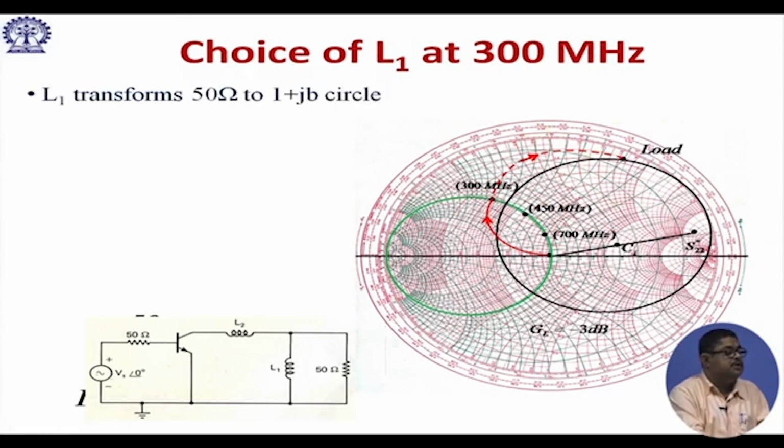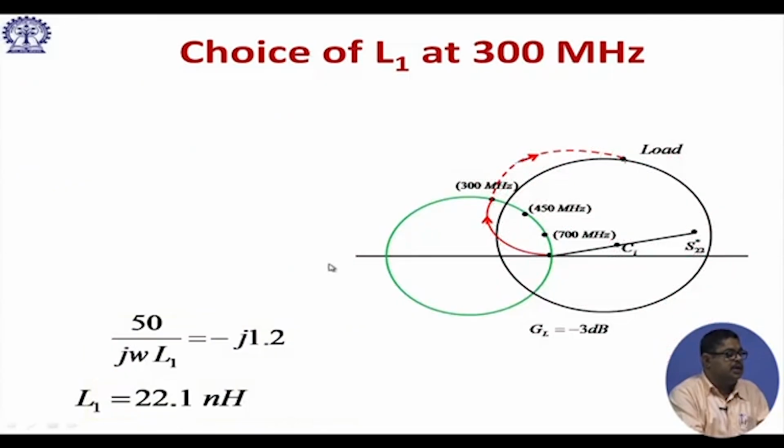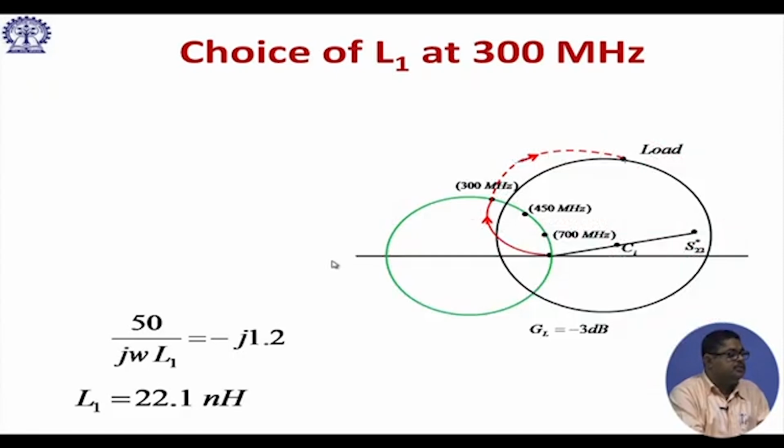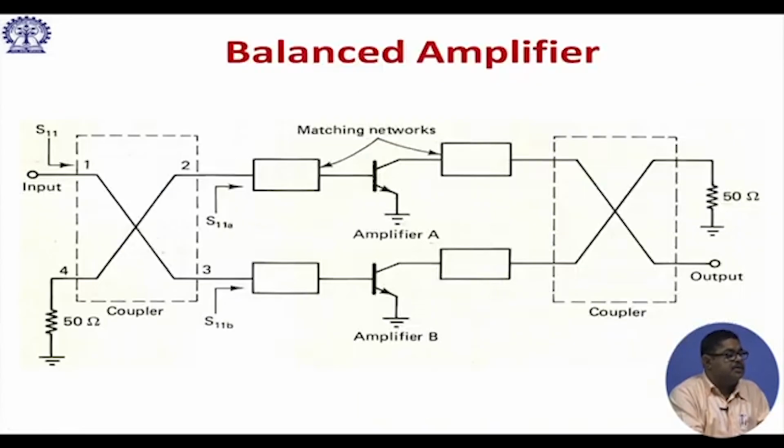L1 transforms 50 ohm to this, L2 takes it to the load point. So, shunt inductor will be L1, susceptance decreases it. So, it is decided from the low frequency 300 megahertz plot. Which side am I going? From trial and error we can do this.